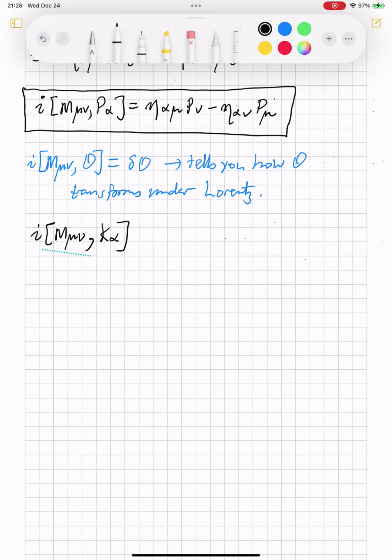In 3 plus 1 dimensions, K alpha would also be a 4 vector because it carries a single vector index. So all D vectors in D dimensions transform in exactly the same way.